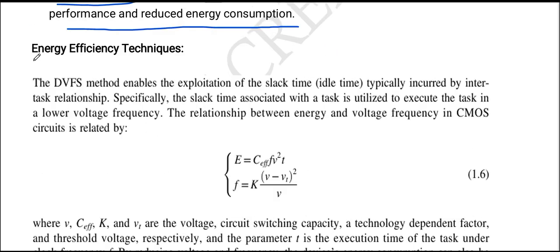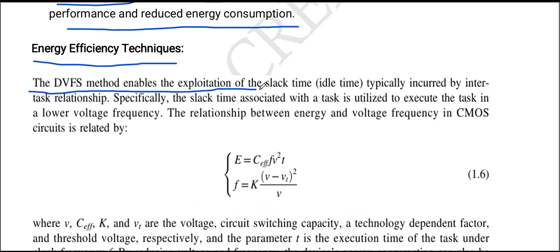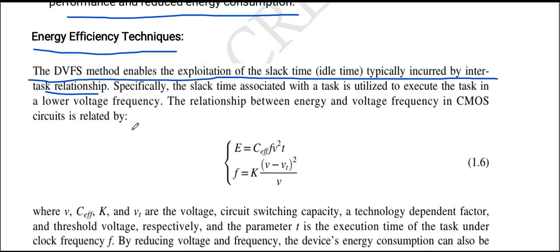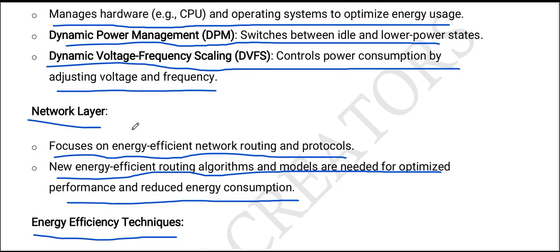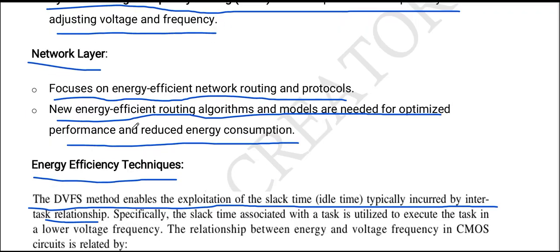Next is energy efficiency techniques. The DVFS method enables exploitation of slack time, which is idle time, typically incurred by inter-task relationships. An explanation of DVFS, which is dynamic voltage frequency scaling, is given here.